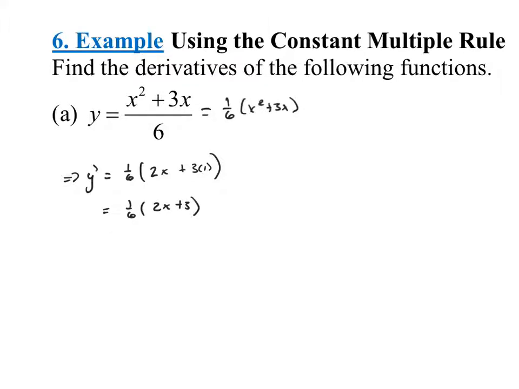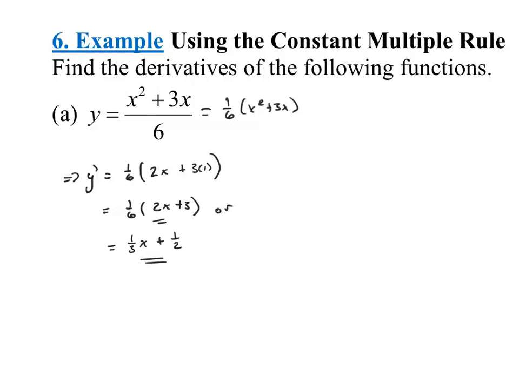We could either leave our answer like that, or we could actually multiply it out. In other words, do the 1/6 times the 2x and then the 1/6 times 3. If we did that, the 1/6 times the 2x, well, that would be 2/6, which is really 1/3 x, plus 3 times 1/6 is 1/2. So that'd be one version of it. I'm not going to lie, the first version would have been perfectly fine as well.